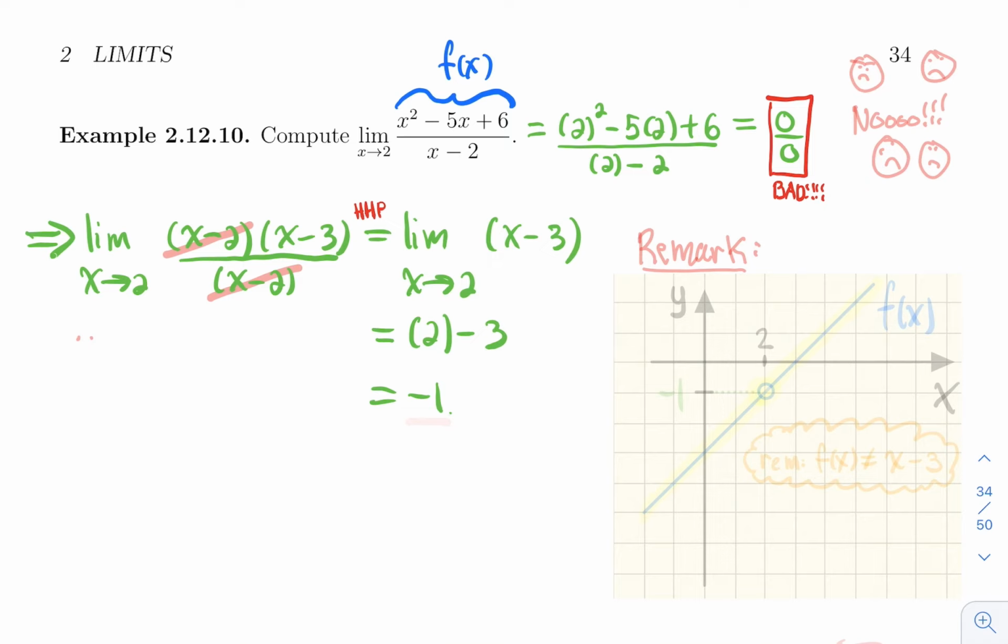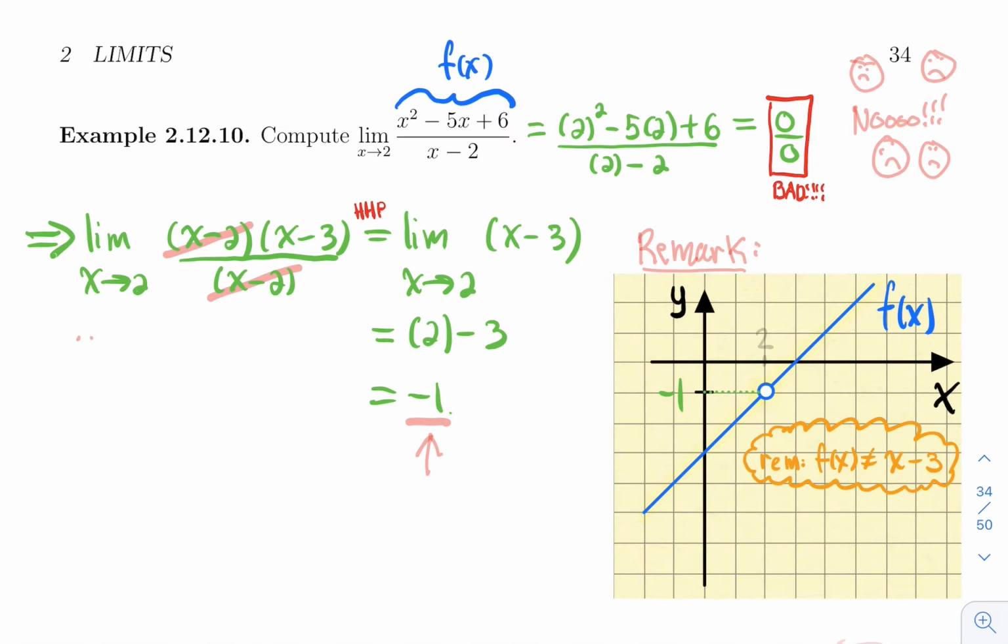So this function f of x is basically x minus 3, except at 2 where the function is not defined. So basically, there's a hole at x equal 2, and the height of that hole is actually minus 1, which is the value of that limit that we just computed. So here, what I've done for you is, boom, here's the graph of f of x.